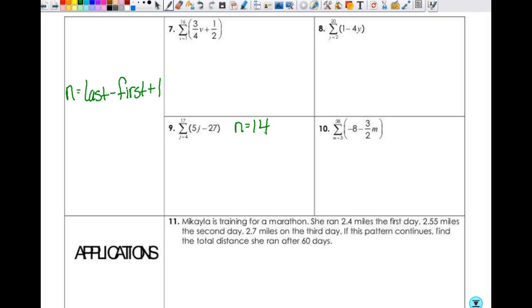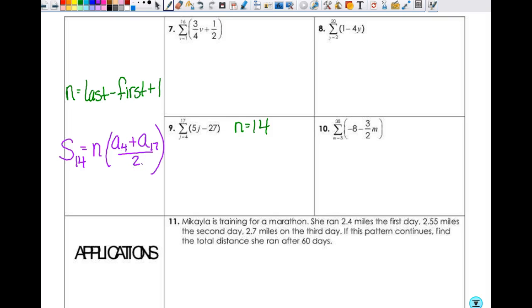Because think about it, you start there. You have to count that one. You can't subtract it out. So when it doesn't start at 1, you don't get to just use that top number. You subtract them and add 1 every time. Now I need the sum of 14 terms, but it's not the first 14 terms, that's equal to n times a sub 4 plus a sub 17, all over 2.